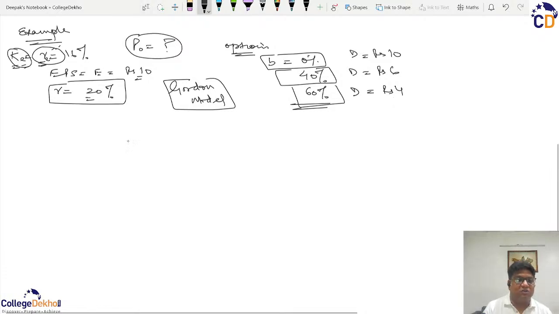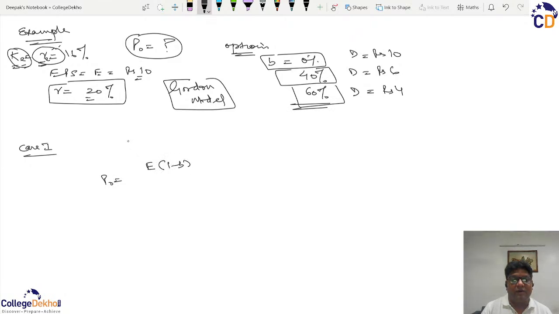So if we use, in this case, the formula P0 is equal to E1 minus B upon KE minus BR.